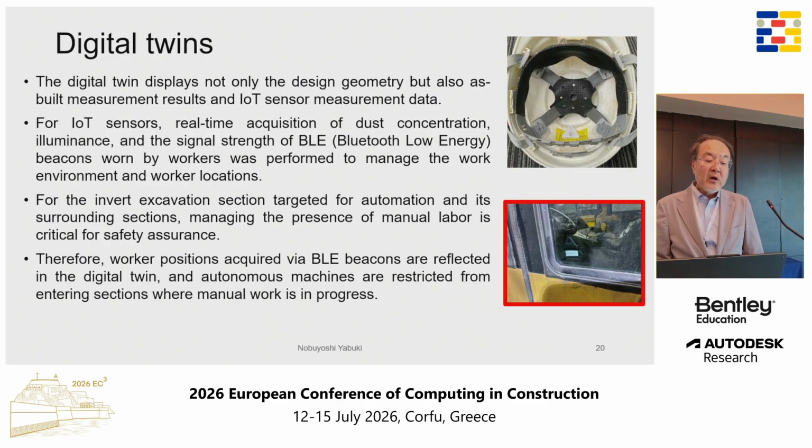Every construction worker wears a Bluetooth low energy, BLE, beacon, and every construction machine has BLE as well, so that the locations of the construction workers and the machinery can be reflected in the digital twin.